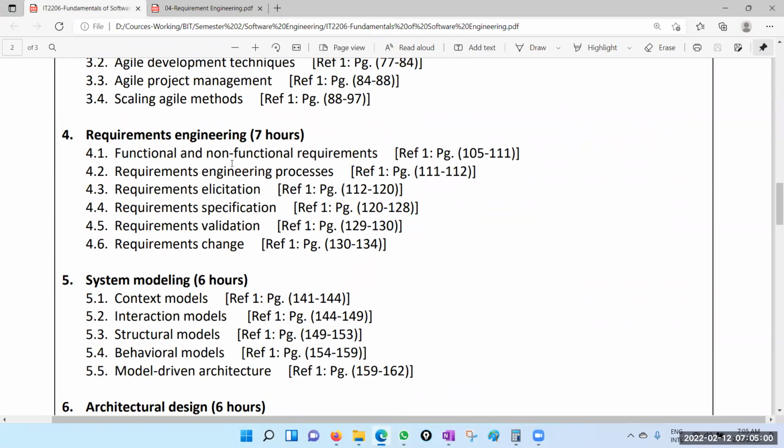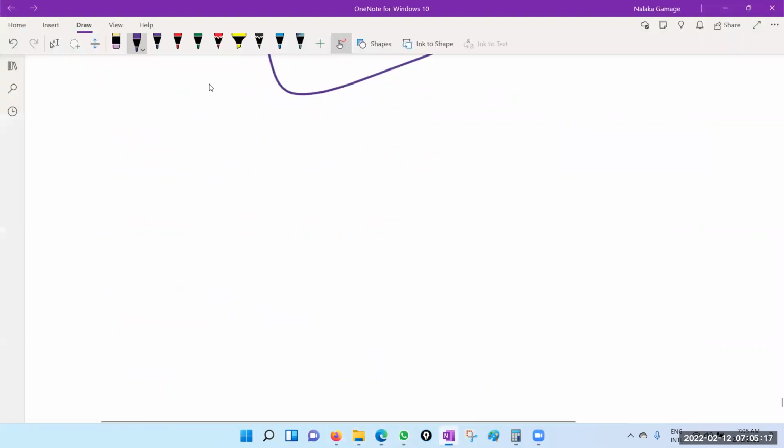Functional and non-functional requirements, requirement engineering process, requirement elicitation, requirement specification, requirement validation, and requirement change. Okay, right. Okay, so this topic is extremely important if you are interested in a career in the software development field.